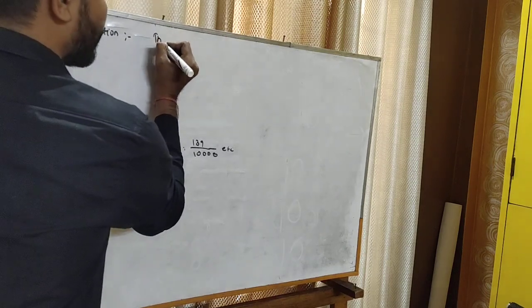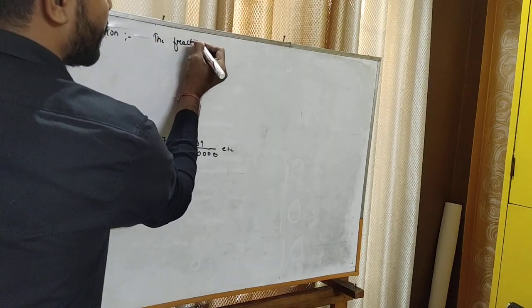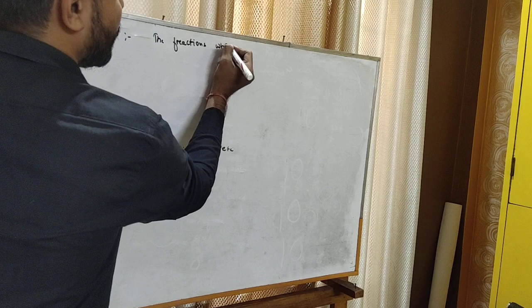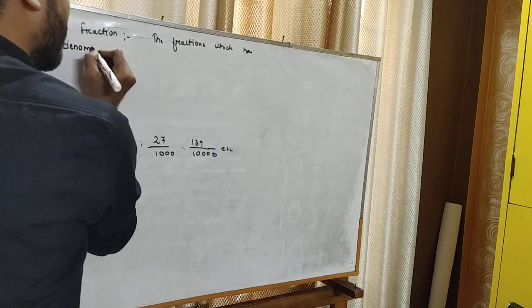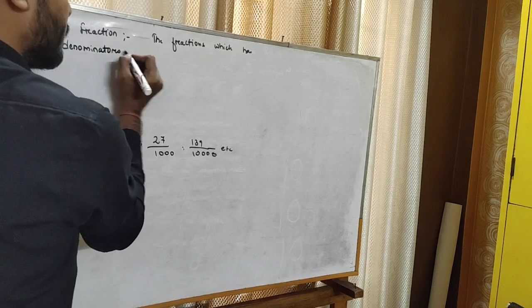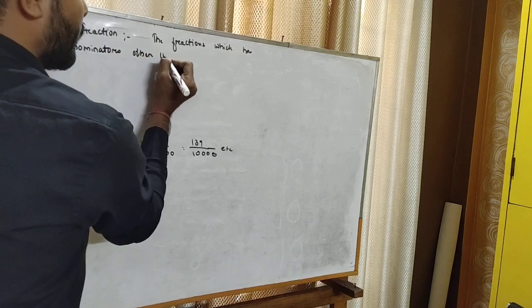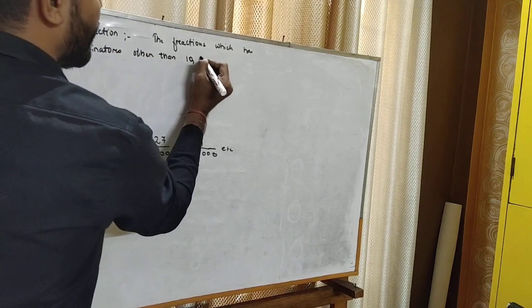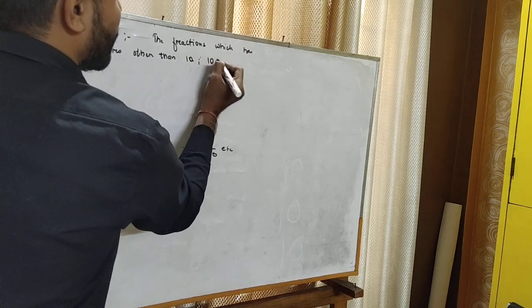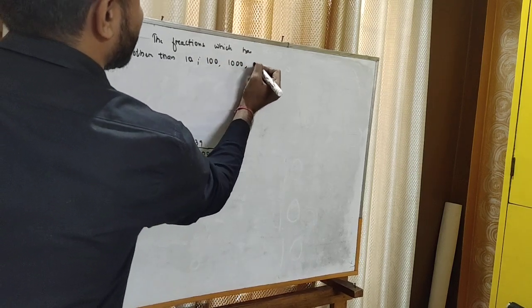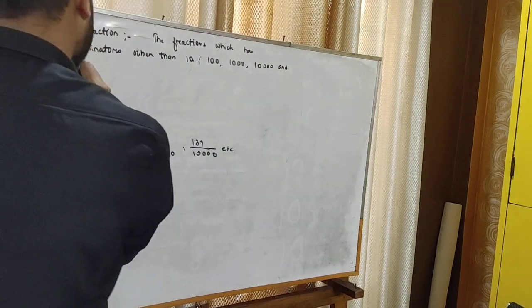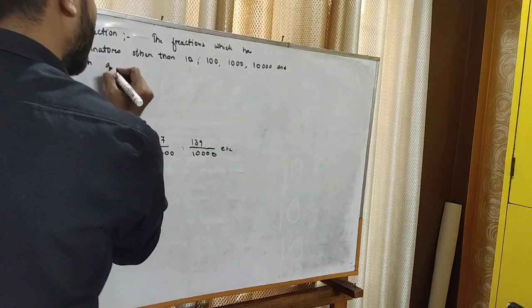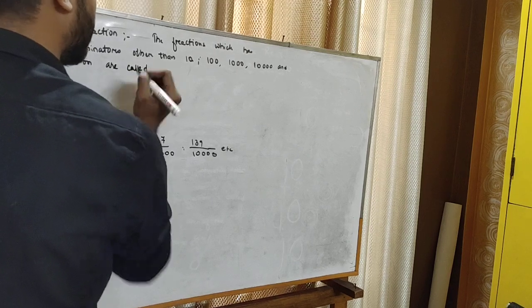Okay. So the fractions which have denominators other than 10, 100, 1000, 10,000 and so on are called vulgar fractions.